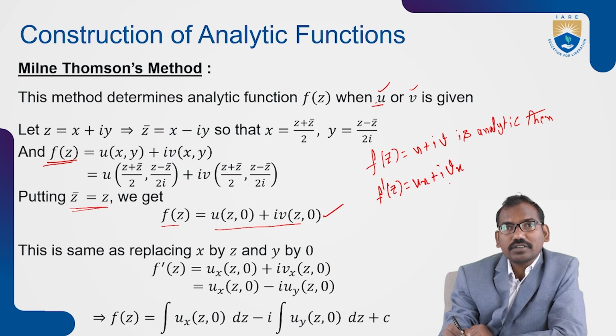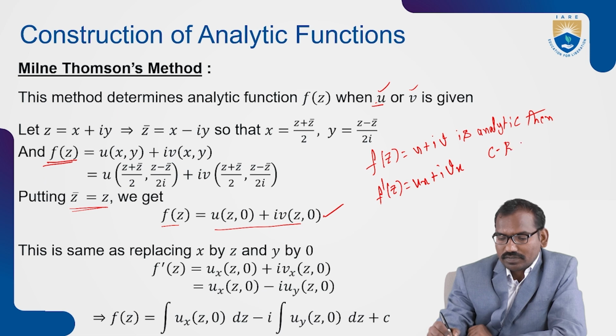Here u and v are both involved, but I want to write it in terms of only u, with the help of the CR equations. The CR equations are u_x equals v_y and u_y equals minus v_x, that is, v_x equals minus u_y.